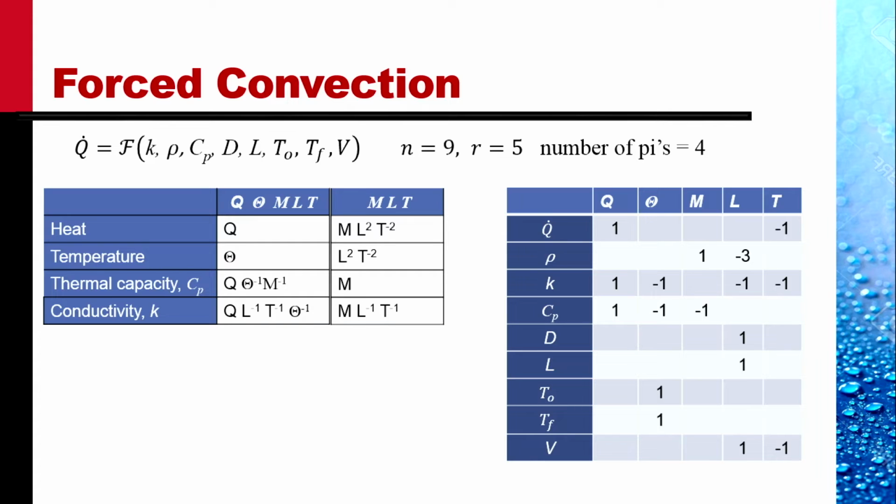Q dot, the rate of heat transfer, has a dimension of Q1 and T minus 1. We can deduce the dimensions of K and Cp, which have been deduced here and transferred here. So these are all the dimensions involved.